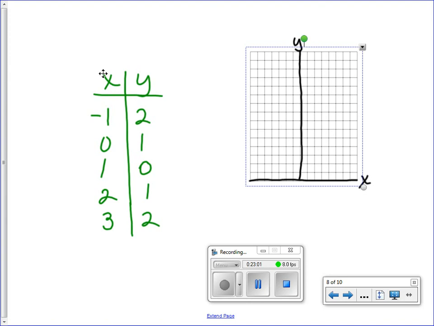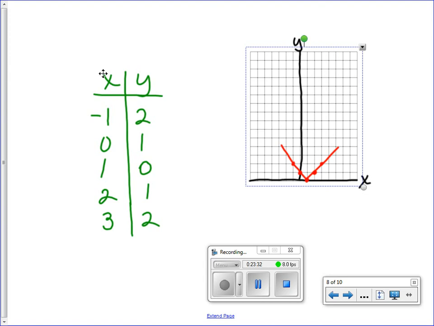All right, so graphing these numbers, negative 1, 2 is right here, 0, 1, 1, 0, 2, 1, and 3, 2 are our points. And joining them from left to right, it makes a V shape. When you have a V shape, this is an absolute value function.